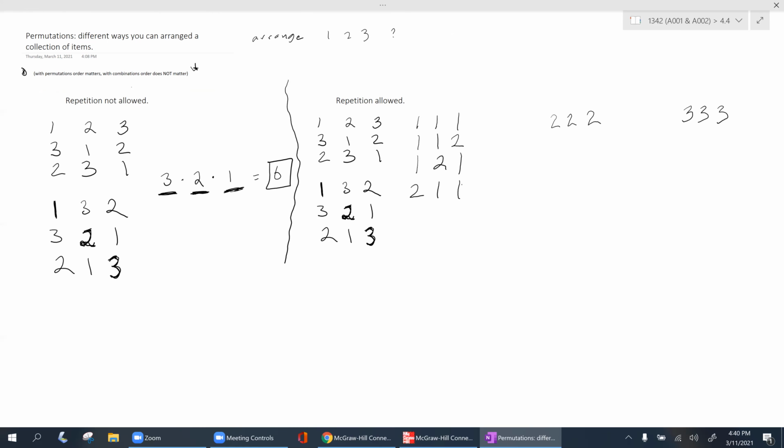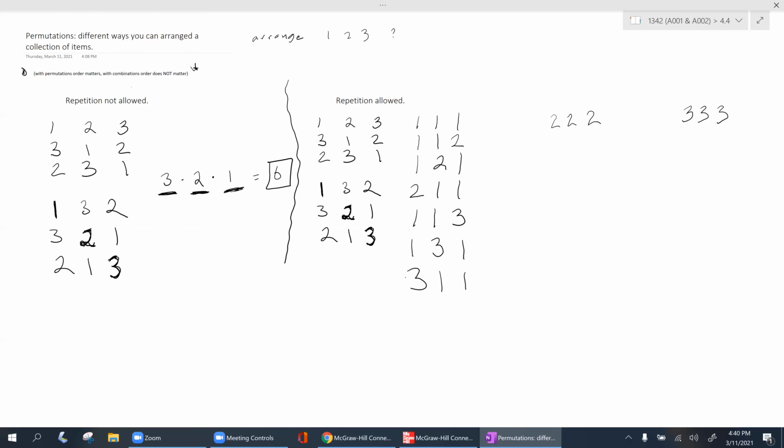And that's all I can do with that. But I can do more. I can do 1s in the beginning with the 3 at the end, 1s on the sides but with 3 in the middle, and 1s at the end with 3 in the front. These are all possible with repetition.